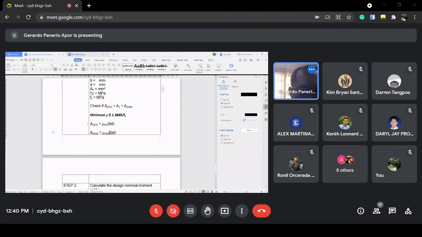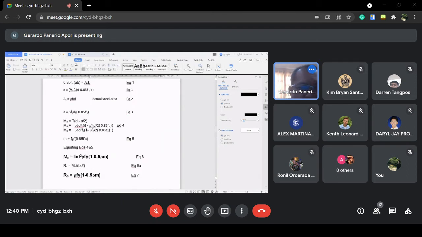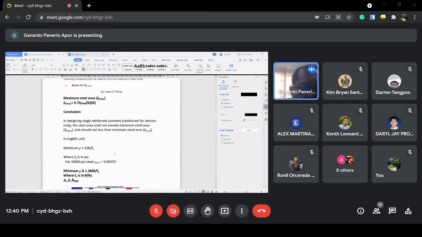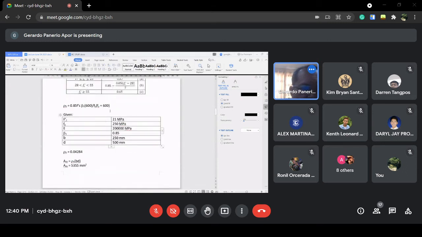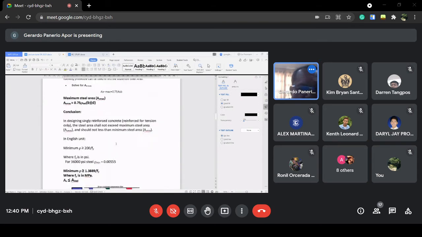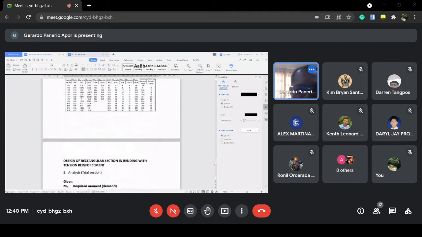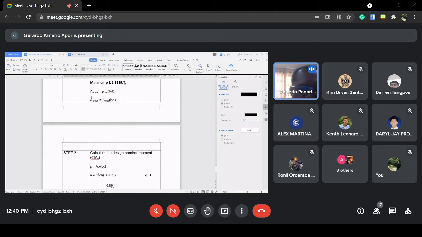But the equation for rho max, we have to go back to the equation for rho max. Rho max is this one, if we have to determine the rho balance. We have the rho balance.